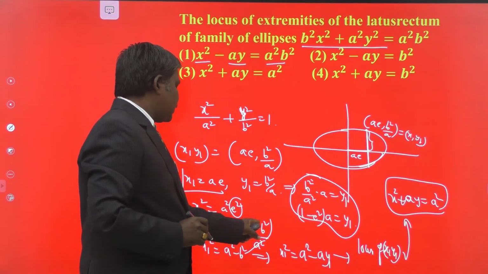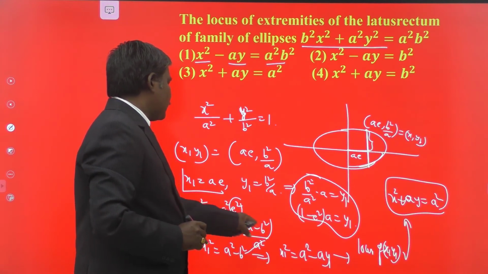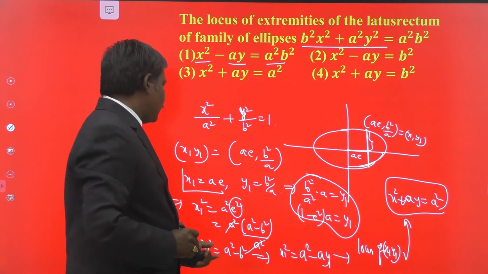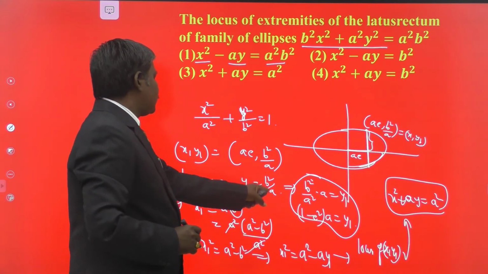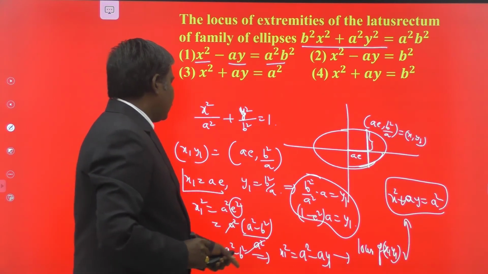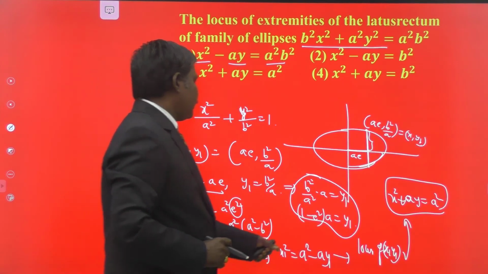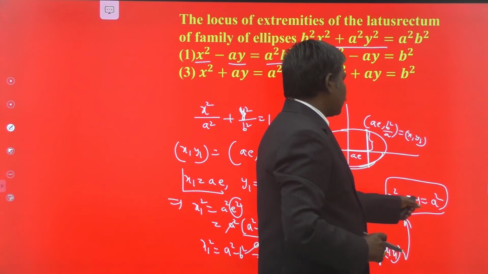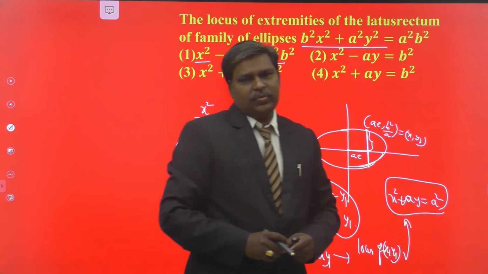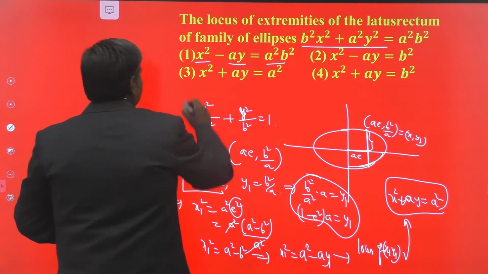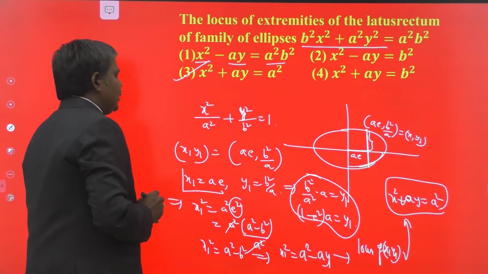Your e square is nothing but a square minus b square by a square. a square gets cancelled. You know that a square is a square minus b square, a well-known formula. Instead of b square you just write a by 1. You get the answer. x1 square is equal to a square minus a by 1. So your locus is x square plus ay is equal to a square. So this is the locus of the extremity of the latus rectum of the ellipse.